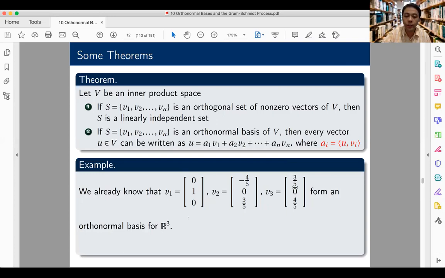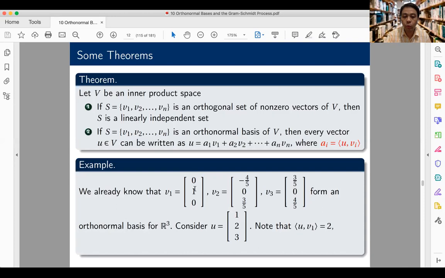So consider the following vector in R cube: U equals (1, 2, 3). We want to express U as a linear combination of V1, V2, and V3. So let's just use the result here. Ano yung a1? Yung a1 is the inner product of U with V1. So that is 1 times 0 is 0.